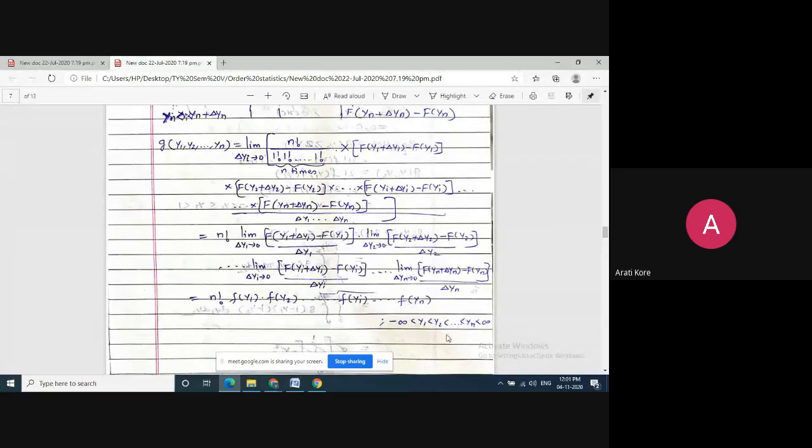Now, if xi's are lying between minus infinity to infinity, your yi's will also lie between minus infinity to infinity, but y1 will be less than y2, less than so on up to yn, because they are now order statistics, right? So this is the expression for the joint PDF of all n order statistics.